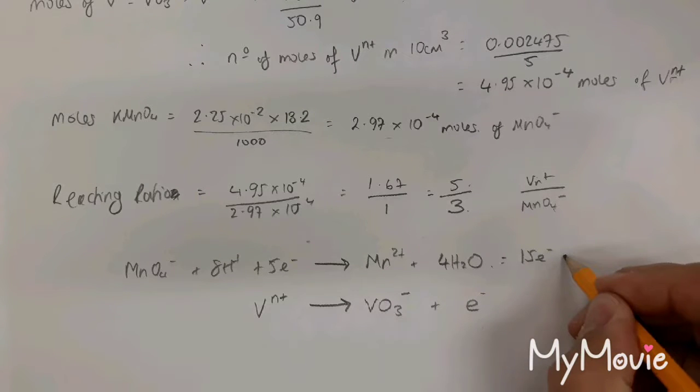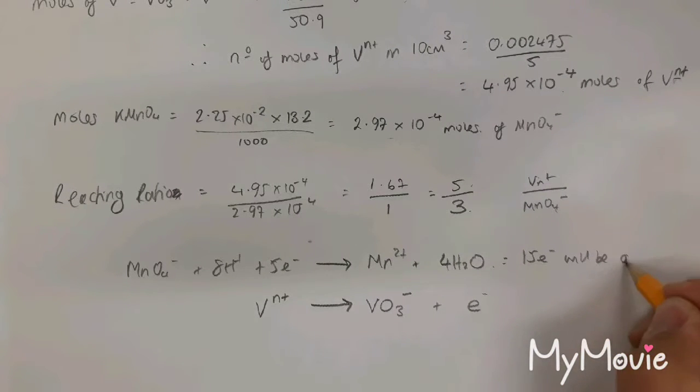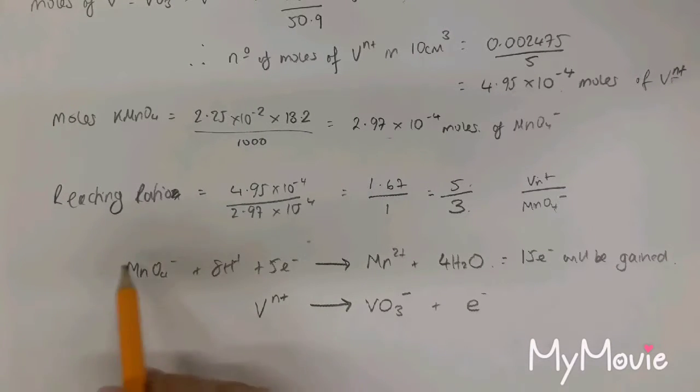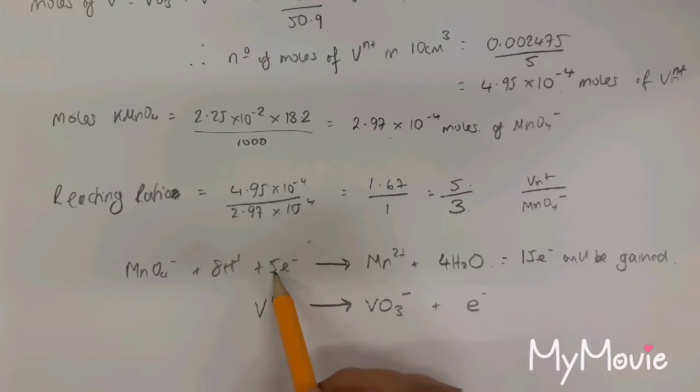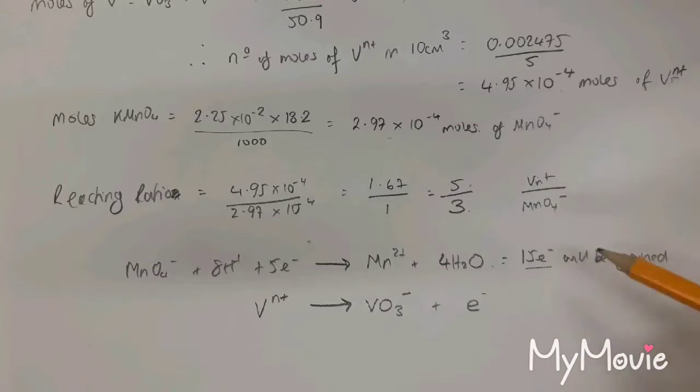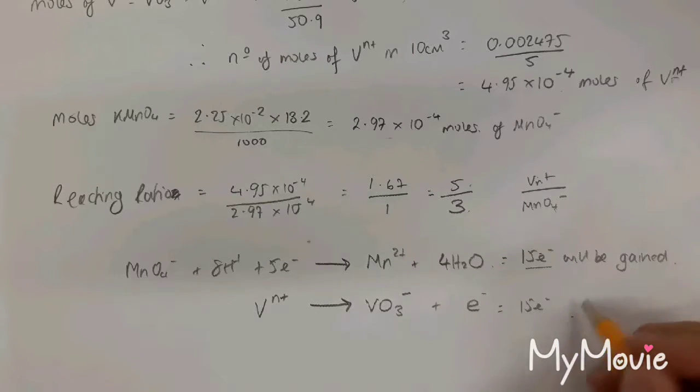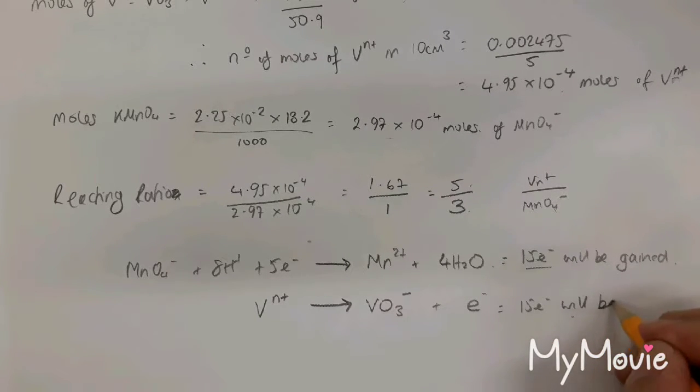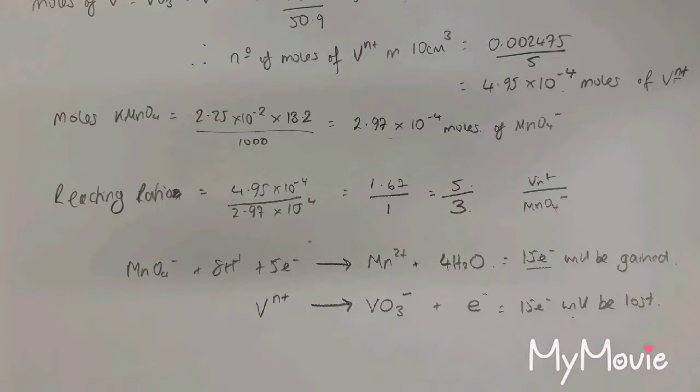15 electrons will be gained by the 3 manganate ions, each one gaining 5. Therefore, 15 electrons will be gained. And in any redox reaction, the number of electrons being gained and lost have got to be the same. So in this case, for the vanadium to the vanadate, 15 electrons in total will be lost to make sure that the charges equal up and that all the electrons are accounted for.